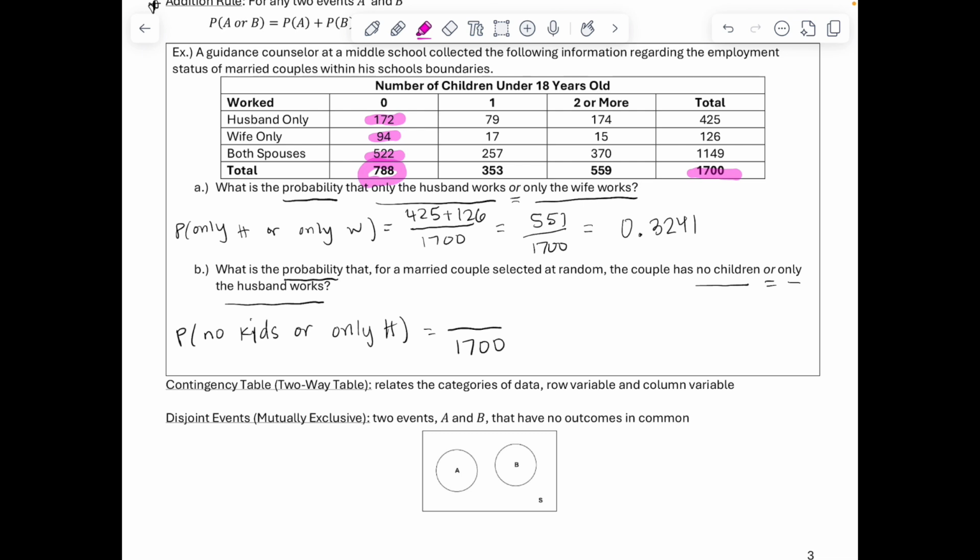But notice that that 172 was already accounted for, so I just need to add up 79 and the 174 to that. So I think it's easiest is just adding up these numbers, and I'm going to write them all down, so it's a very long numerator. But we had 172 plus 94 plus 522 plus 79 plus 174.